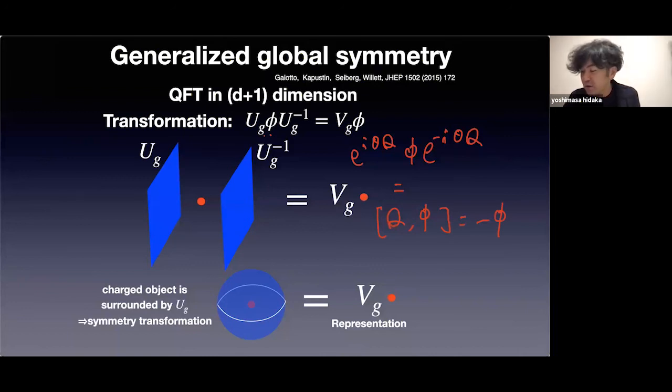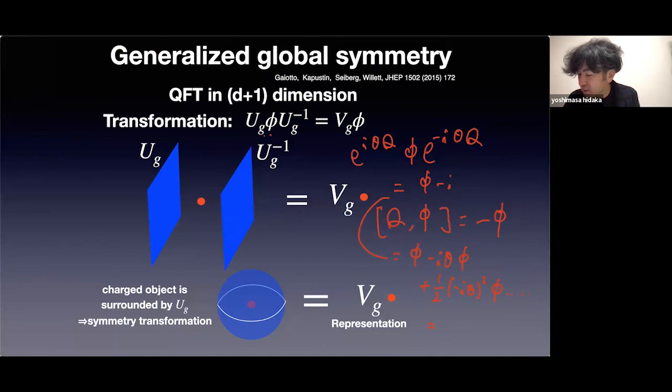Then you can calculate this by expanding the theta, and this gives you phi minus i theta phi plus higher terms, and so on.